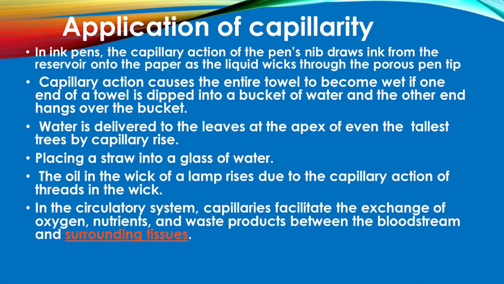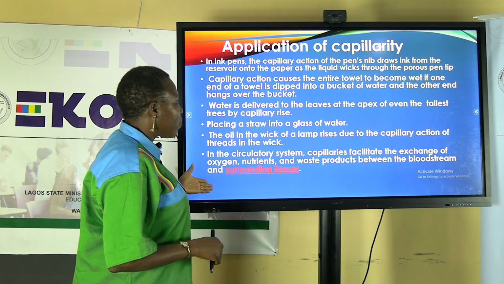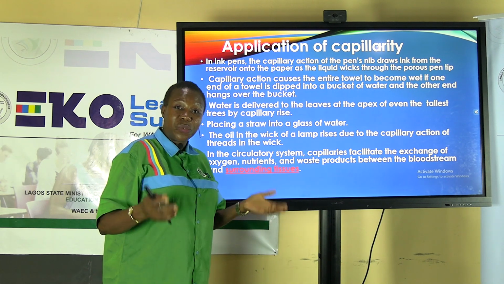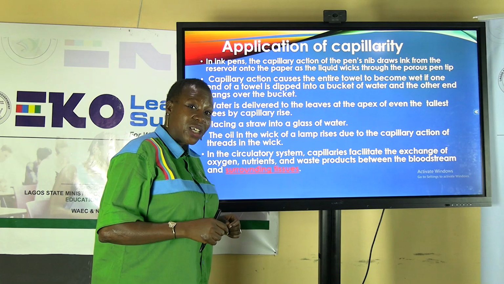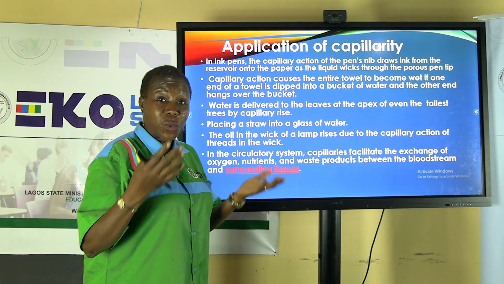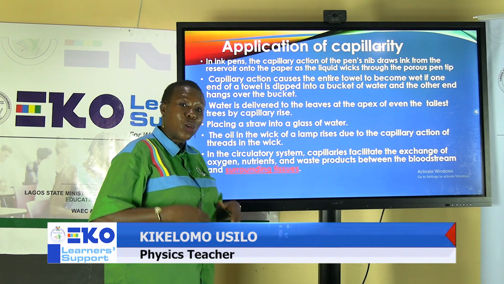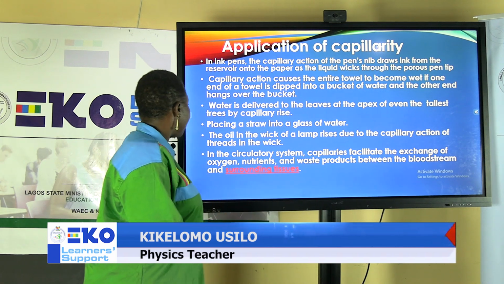Water is also delivered to the leaves at the apex of even the tallest trees due to capillary rise. Another application is also placing a straw in a glass of water. I bet you imagine when you get a bottle of drink, as soon as you put your straw in it, you just see the liquid rising through it, and you'll be amazed because we tell you physics is part of what we do every day.